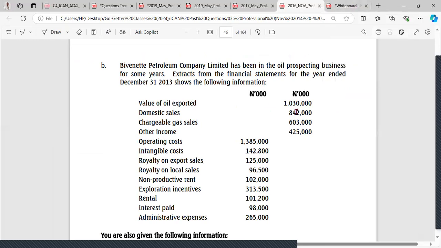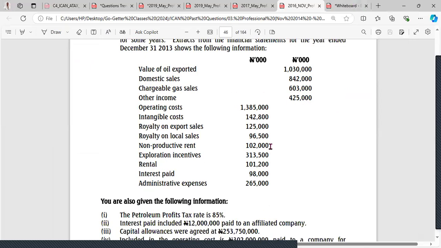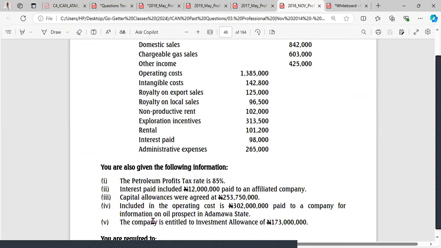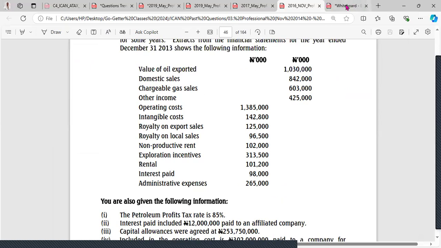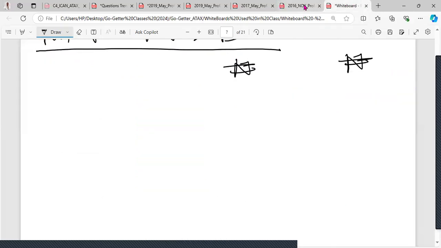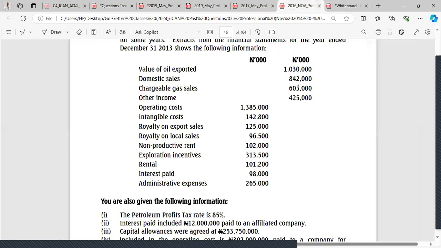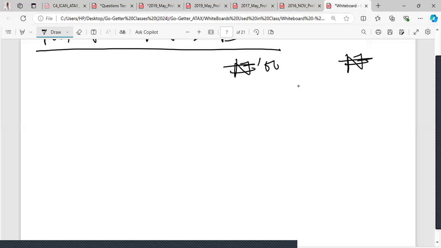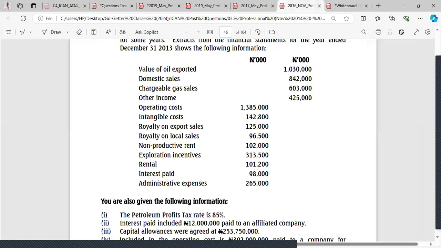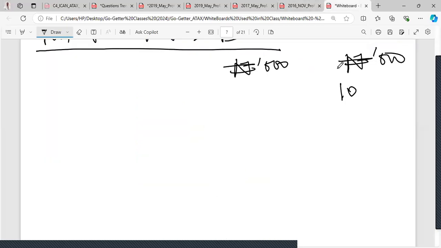They have already done the posted price and all other things. So this is 1,030,000.